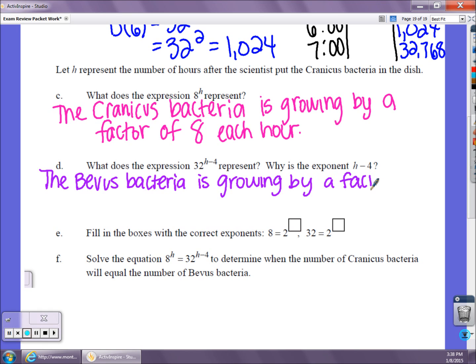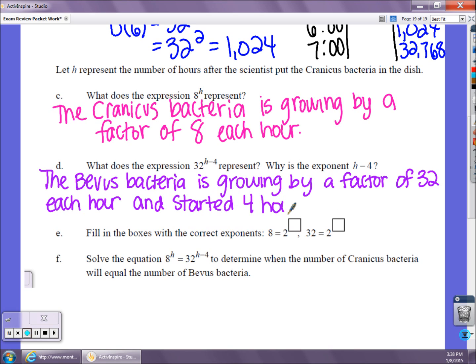By a factor of 32 each hour, and started 4 hours after the Cranicus bacteria. That's why we had to subtract 4. Just like on our table where we crossed out those first 4 hours. Okay.